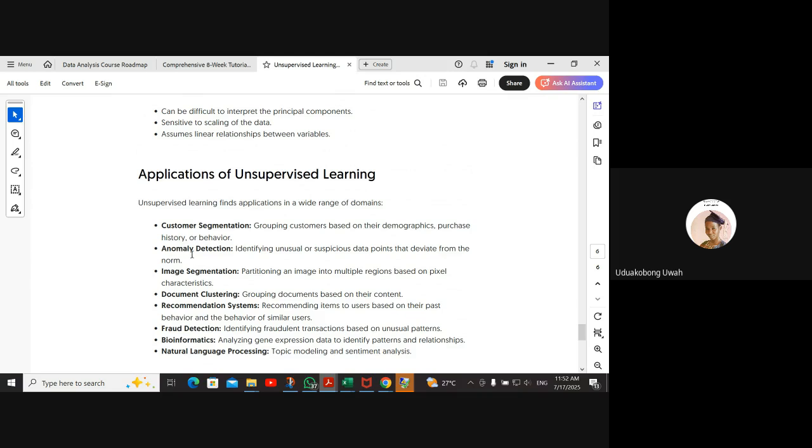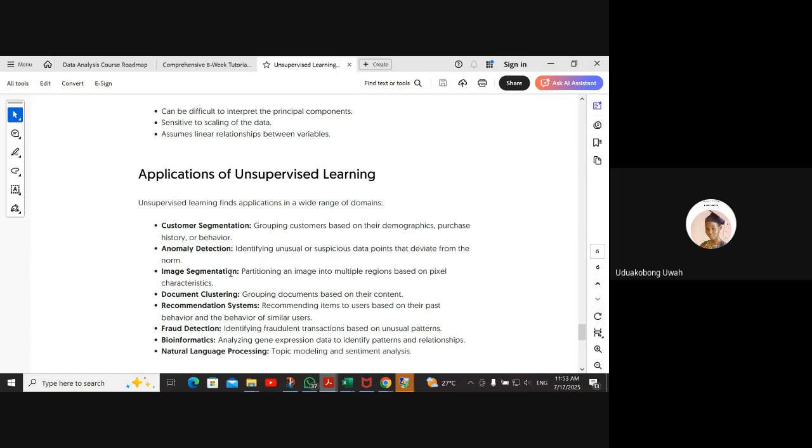Another one is anomaly detection, where it detects suspicious moves or any anomalies. It identifies unusual or suspicious data points that deviate from the norm. I've said, for instance, it is used in the banking sector, and the security systems at airports use it, and all other applications.